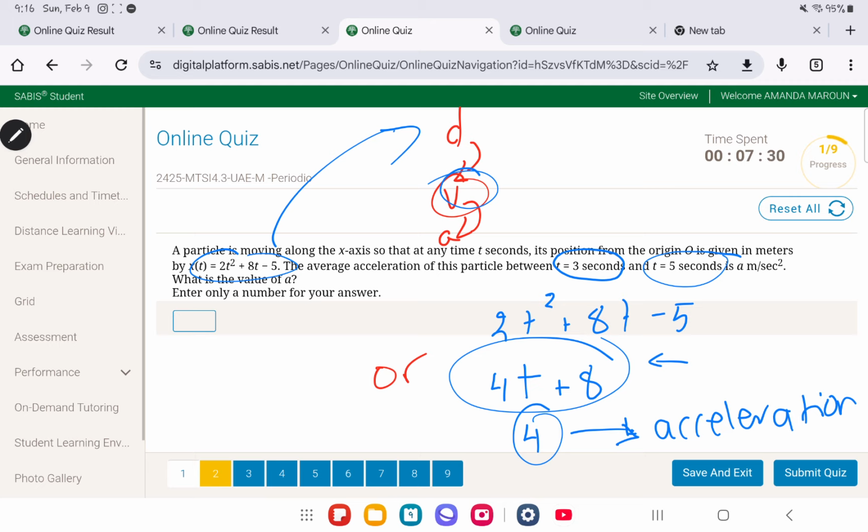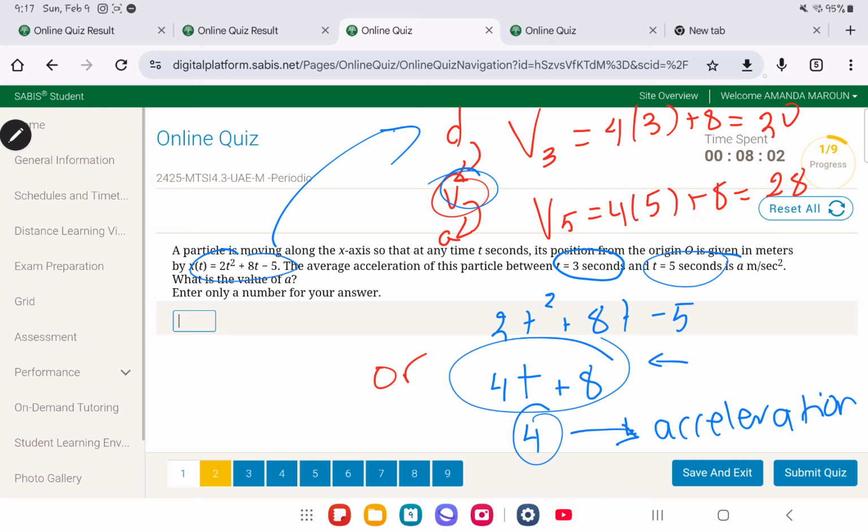So first of all, we're going to find the velocity at 3 seconds. It is going to be 4 times 3 plus 8, which on the calculator you will get 20. And then the velocity at 5 seconds is 4 times 5 plus 8, which is going to give you 28.